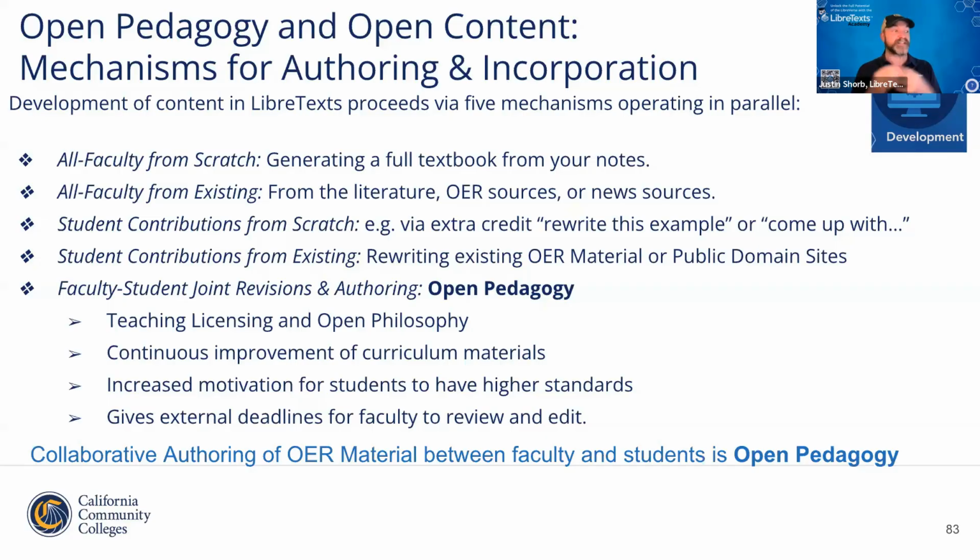And it also gives you external deadlines for yourself to improve your book. So if you want to improve chapter 5 this semester, make an assignment about improving chapter 5, then you will get chapter 5 improved. So that's a great way to do that.